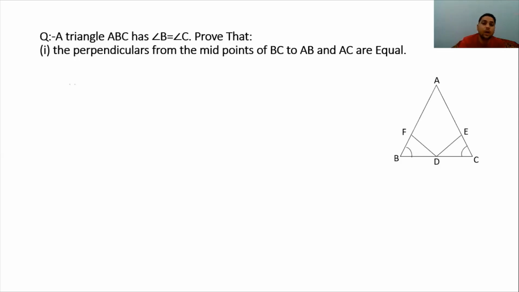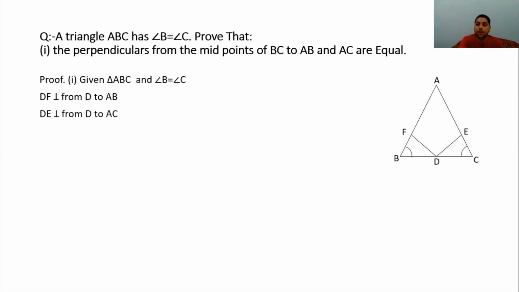Now begin with, here we have triangle ABC. We draw DF perpendicular from D to AB and DE perpendicular from D to AC. From the common midpoint D, we draw two perpendiculars on the sides AB and AC.